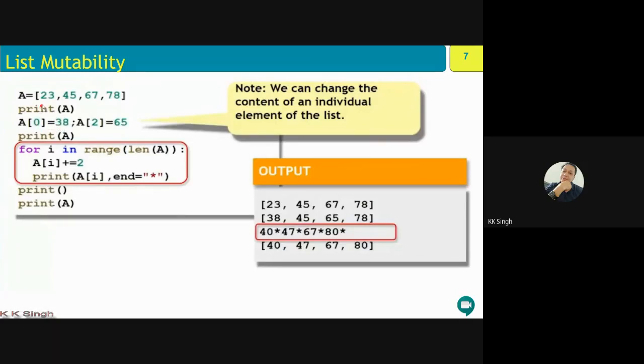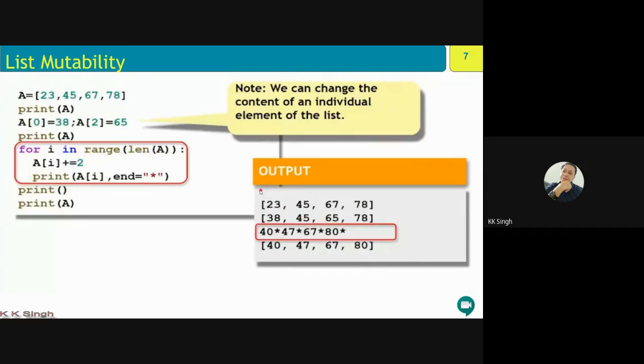The value of index 0 is 23, but over here I am modifying it: A0 is 38, which means 23 will be replaced by 38. Similarly, A2 is 65, so 67 will be replaced by 65. So when you print A, it will print 38, 45, 65, and 78.